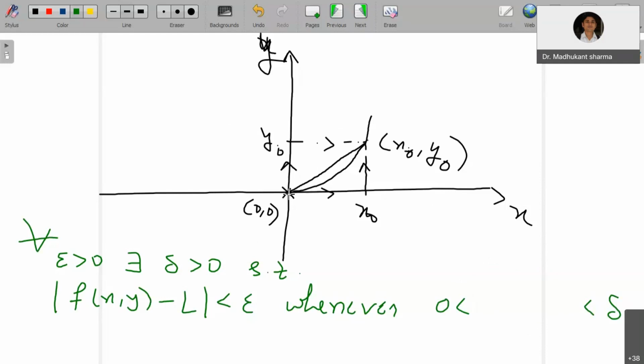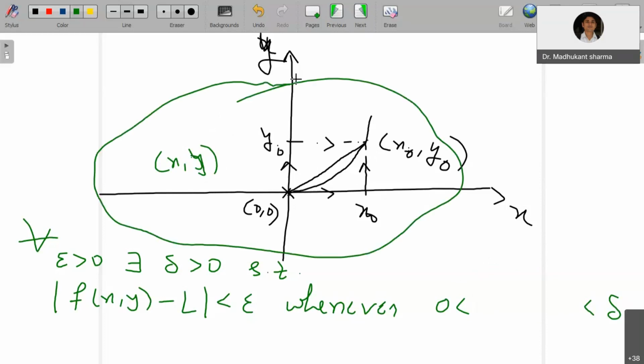I have only considered 0, 0 to x naught, y naught, but the point x comma y can lie anywhere in the domain of f. So this x, y will reach x naught, y naught along any path.